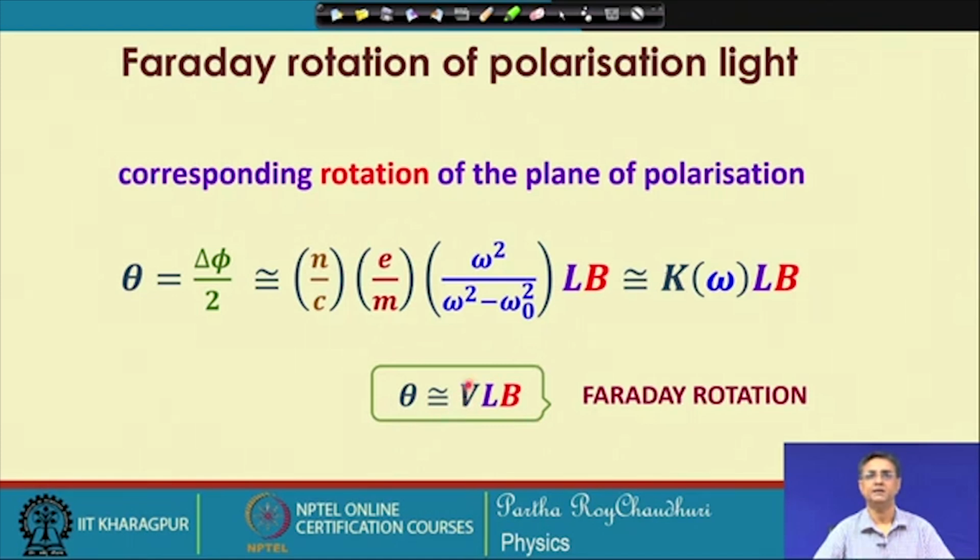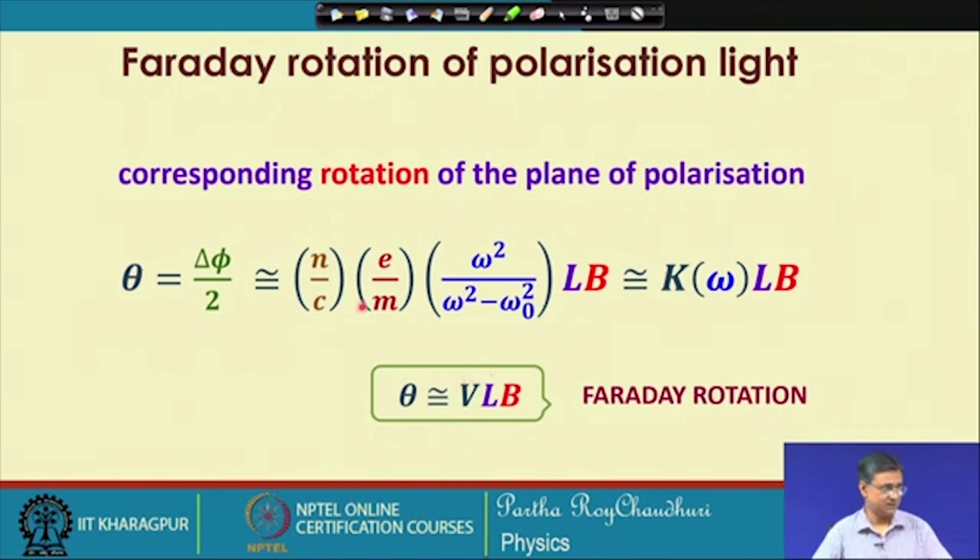And you see that L is the length of interaction of the optical beam with the magnetic field, B is the strength of the magnetic field, and V is the constant which is known as the Verdet constant.